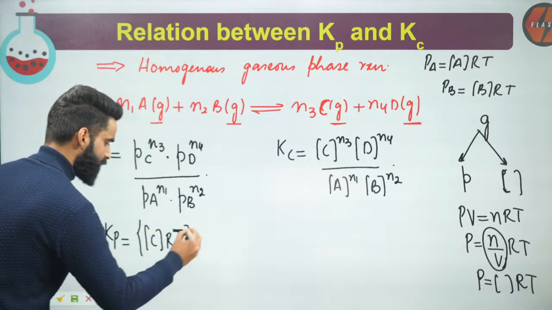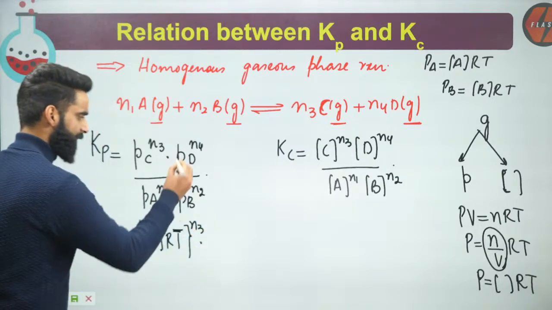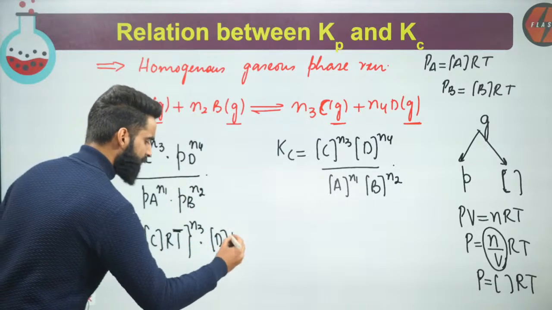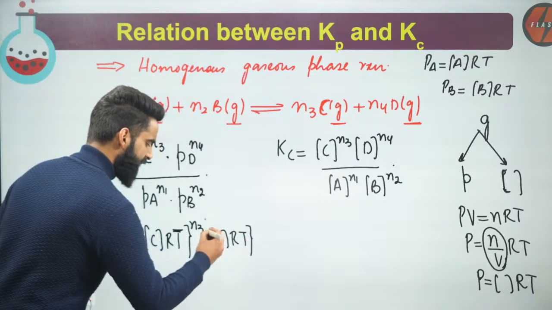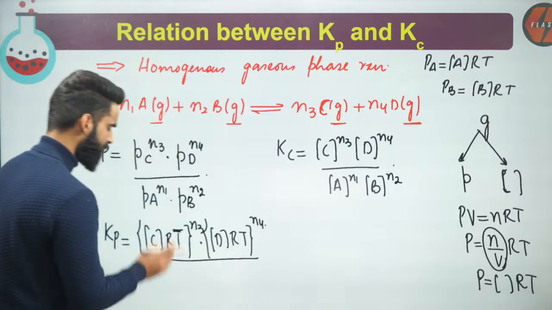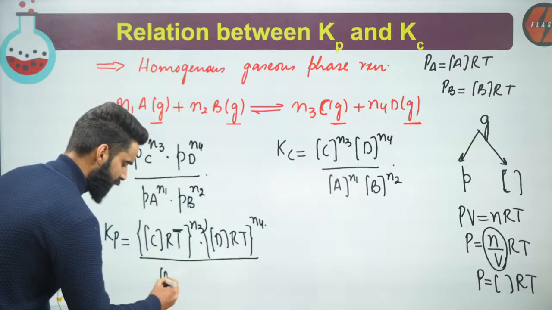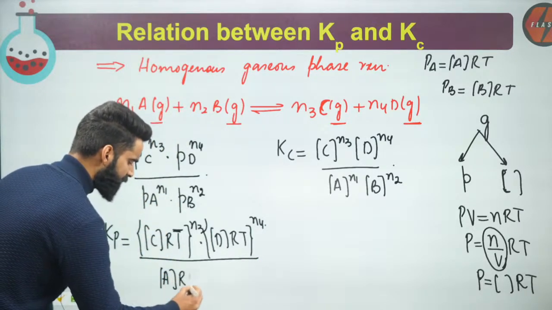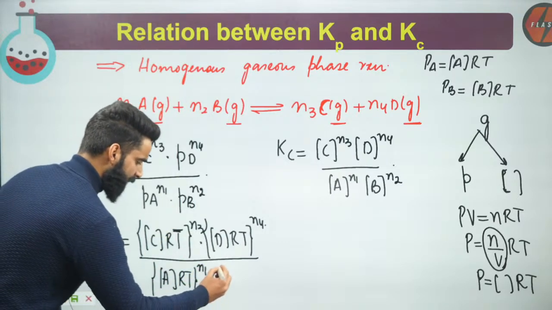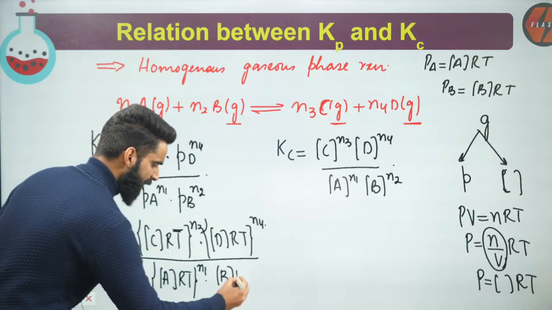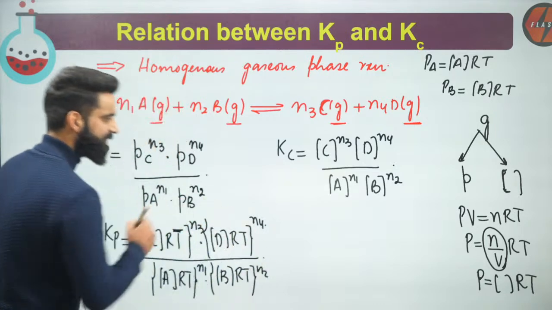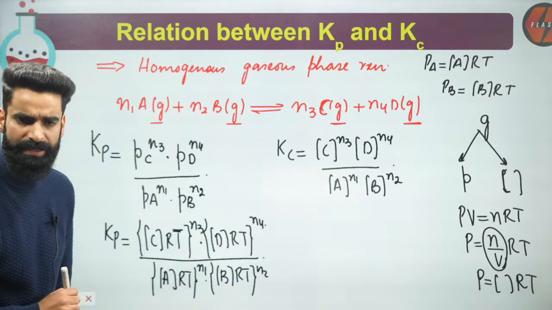Multiplied by PD, the partial pressure of D, which is concentration of D multiplied by RT raised to its stoichiometric coefficient n4, divided by the partial pressure of A, concentration of A multiplied by RT to the power n1, multiplied by concentration of B multiplied by RT to the power n2. Very, very simple.